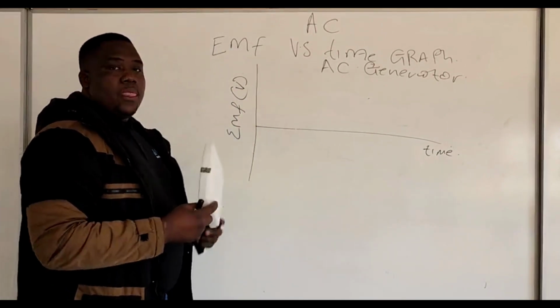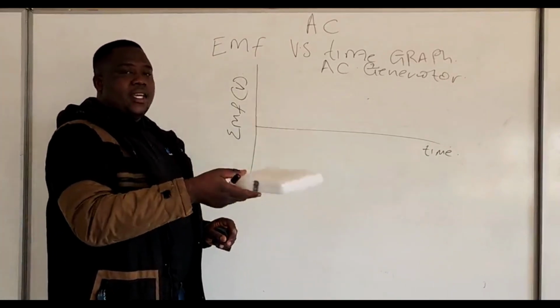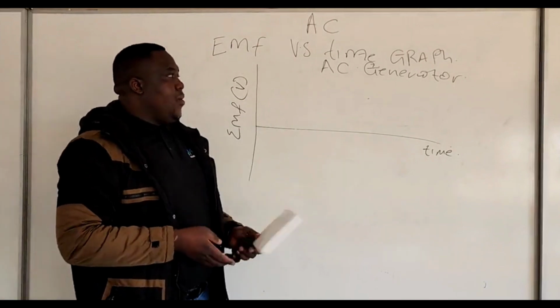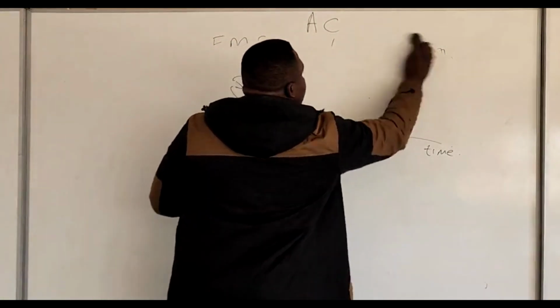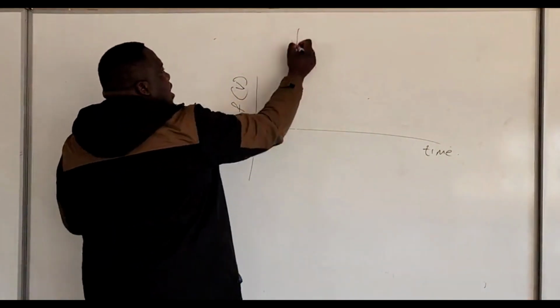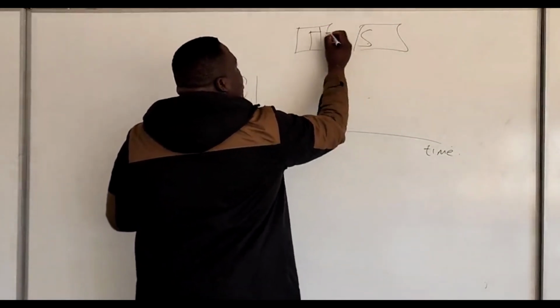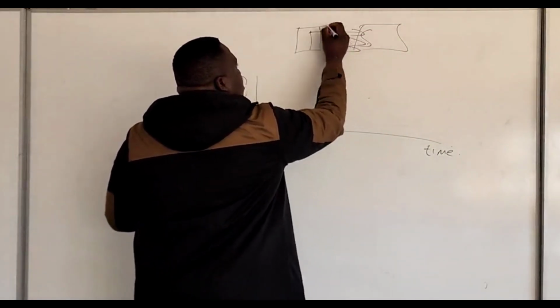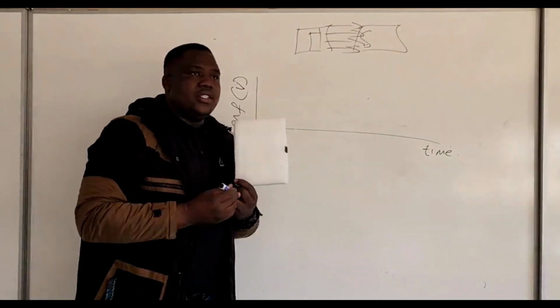So, what I am holding here, this white object, I can say it is our loop. Let me erase this so that we can see. So here I'm going to have the two magnets, north and south, magnetic field lines going from north to south.